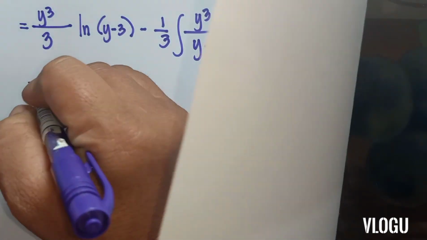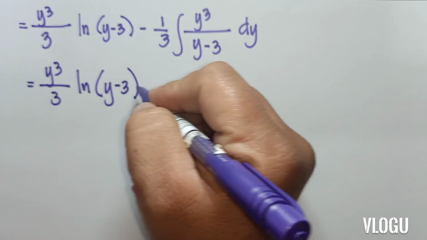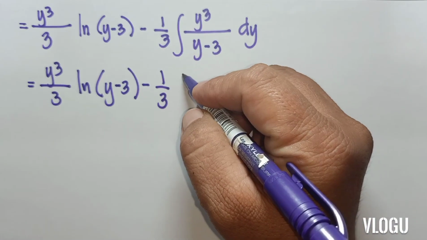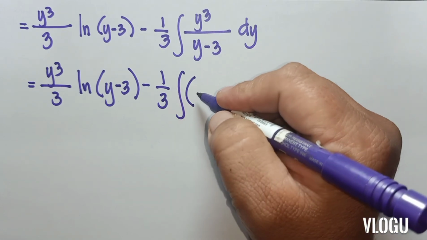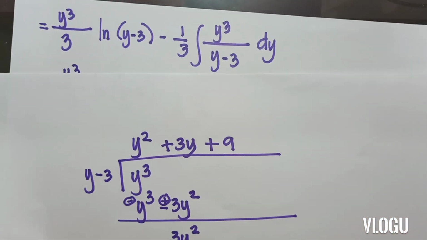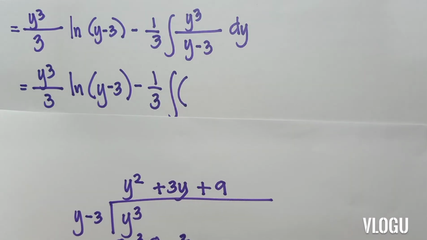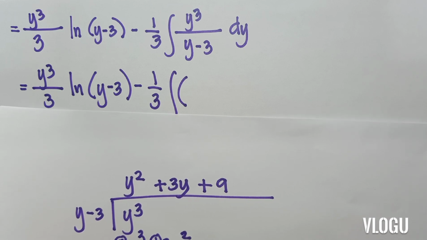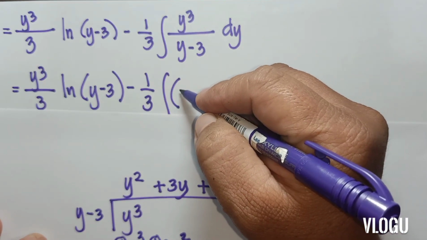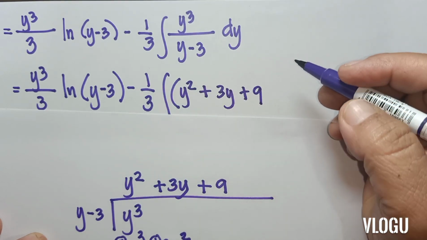So our answer is y squared plus 3y plus 9, remainder 27.